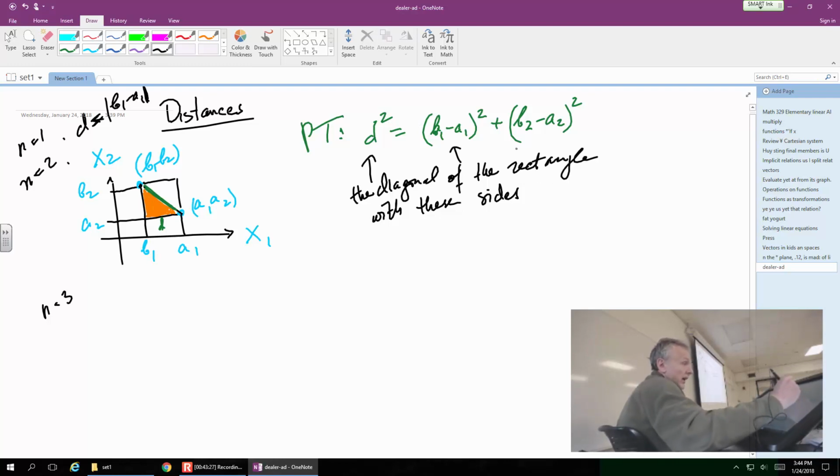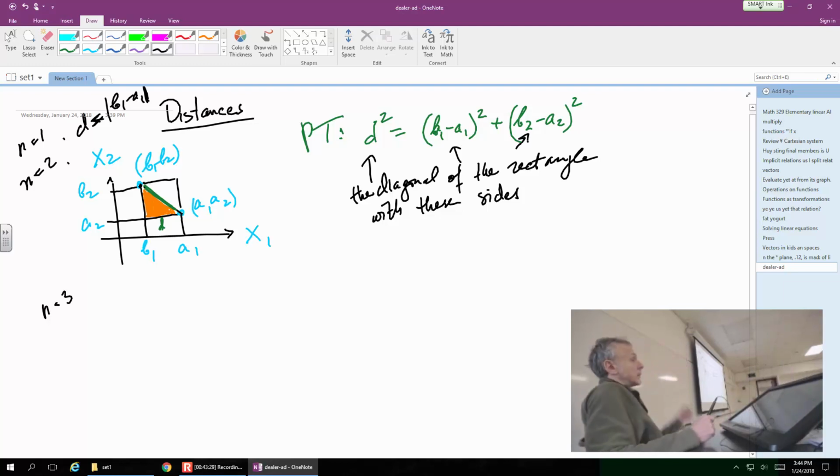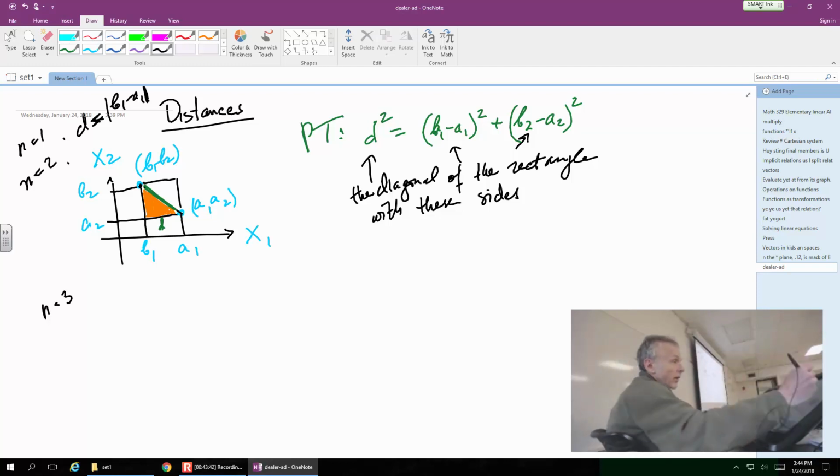So these sides, right? Look at it. So one side from b1 a1, b2 a2 for the other side, and what we're looking at is the diagonal. So we don't want to go like this. We're going straight. Okay, and so that gives us the Euclidean distance formula, and it is also known as the Euclidean distance.